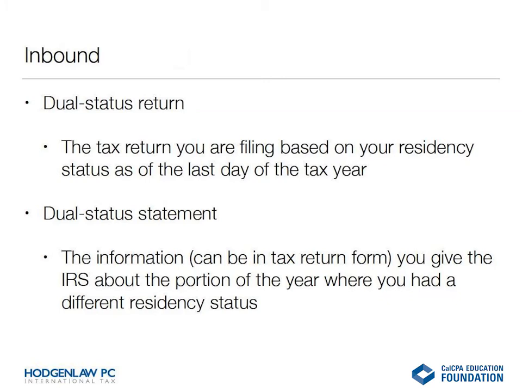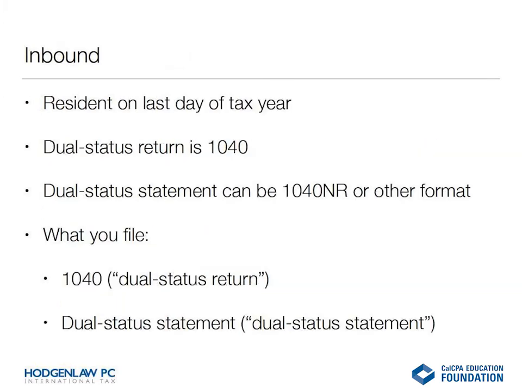So let's say you have someone, an inbound person, they're coming into the United States, they're going to be a resident on the last day of the tax year, their dual status return is a 1040, dual status statement can be a 1040-NR or some other format, and what you end up filing is 1040, and you write the words dual status return across the top, and your dual status statement goes behind that.